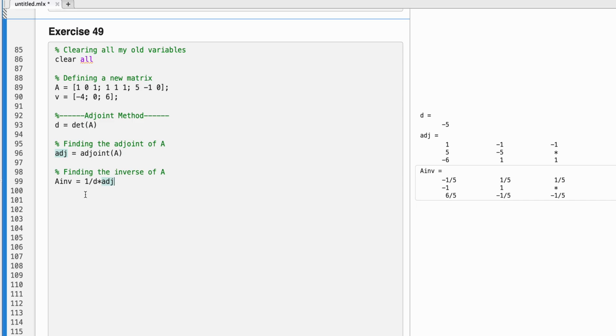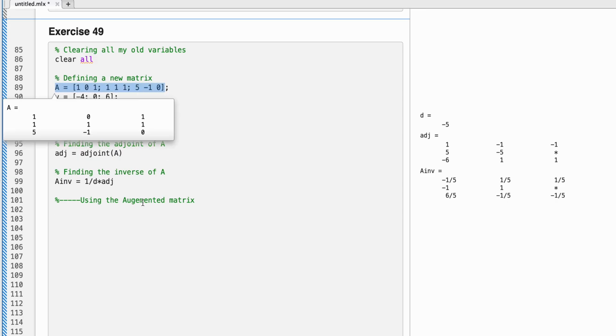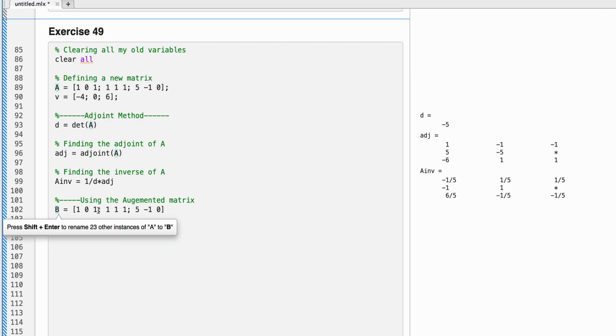So now that we have this, another way to find the inverse is using the augmented matrix. So the augmented matrix would have our original A, which I'll call B at this point, but then it's going to have what that equals to.